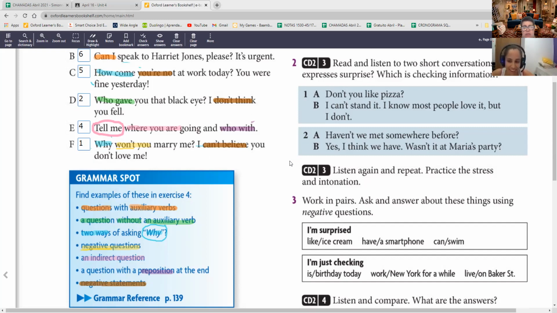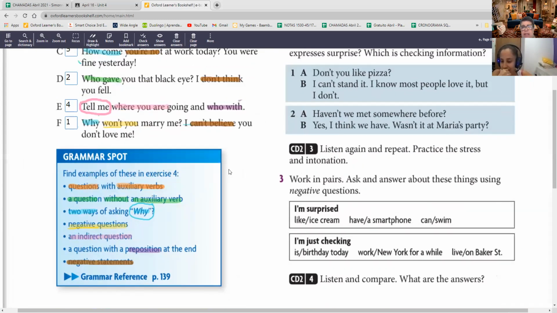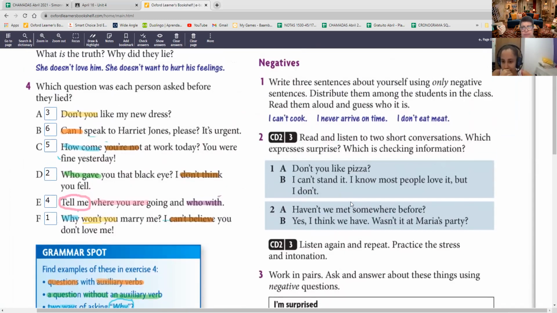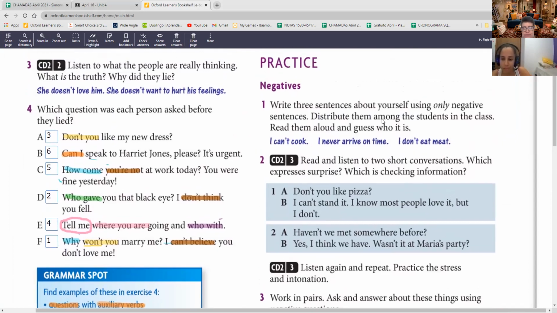So this was just a brief recap on the topic, right? And then here we have a little bit of practice on negatives. Okay, let's take a look. Write three sentences about yourself using only negative sentences.